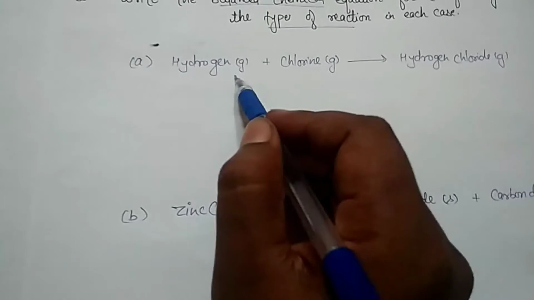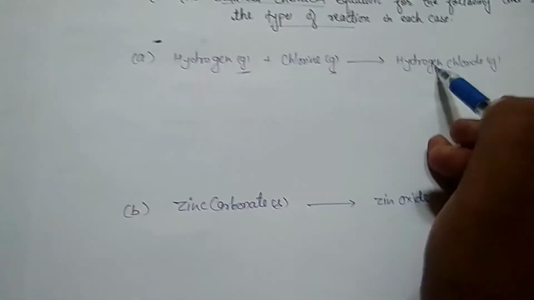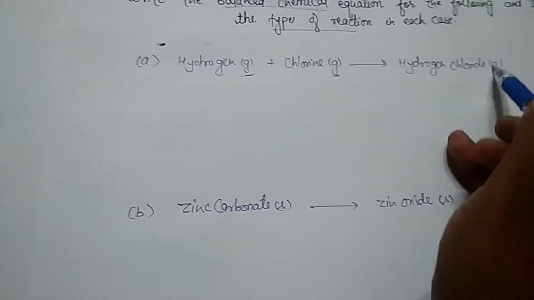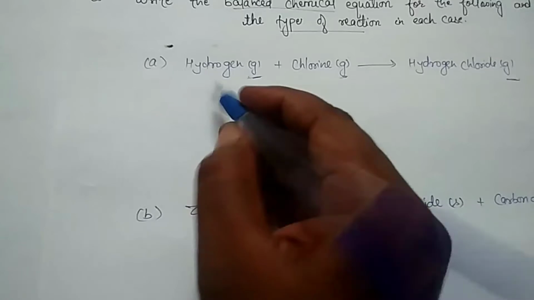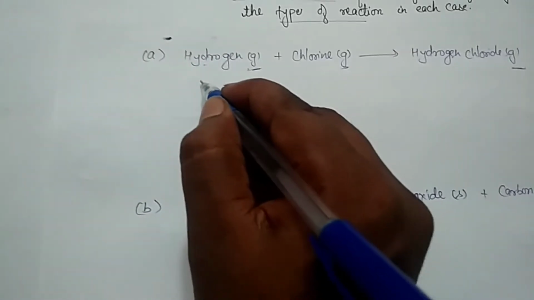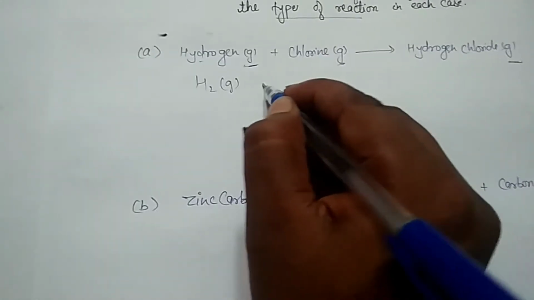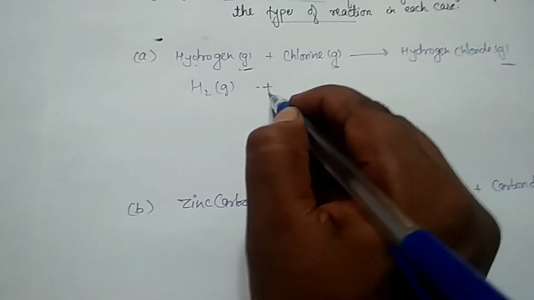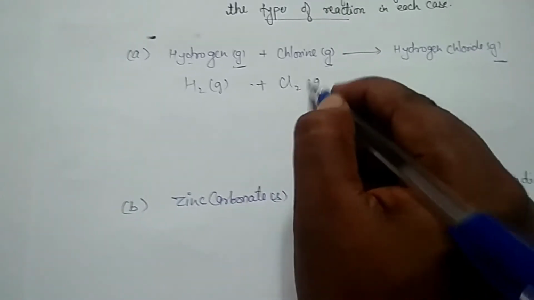Hydrogen is given as g, chlorine is given as g, and the product is given as g, meaning all reactants and products are in gas state. Hydrogen, I have told you, is found as a diatomic molecule, plus chlorine gas, Cl2, children.